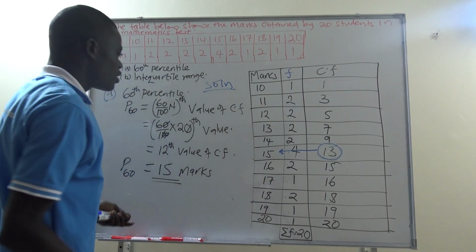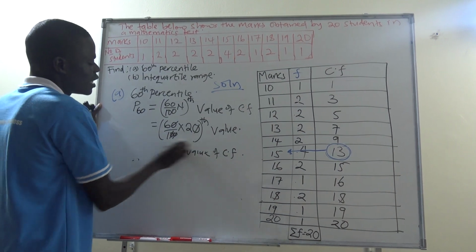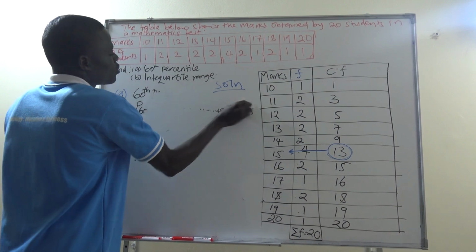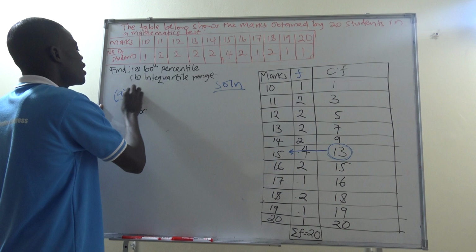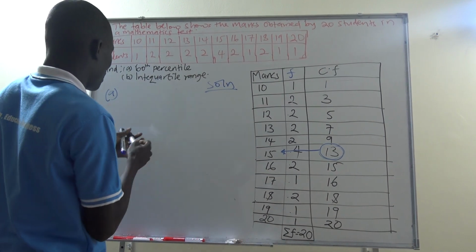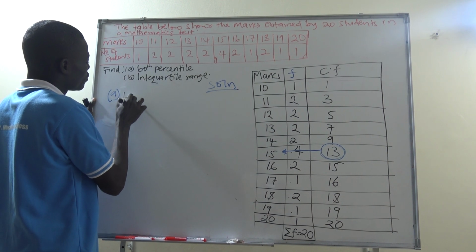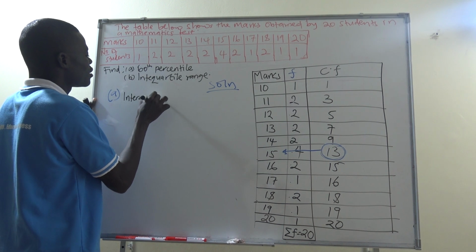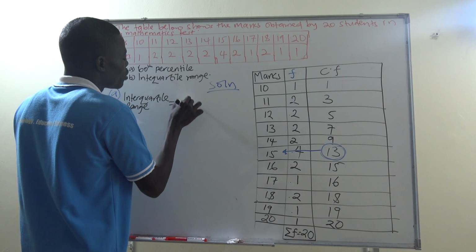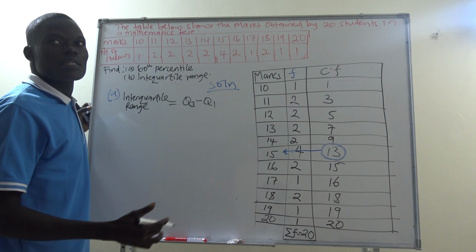Then that one, we shall go to the second question. You can capture this one. The second question is saying we calculate the interquartile range. So the interquartile range, we get from the formula Q3 minus Q1 in our previous lesson.